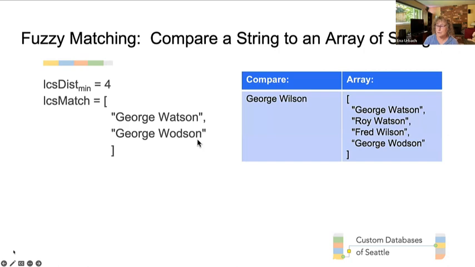So in this example, George Wilson has two potential matches, George Watson and George Watson.